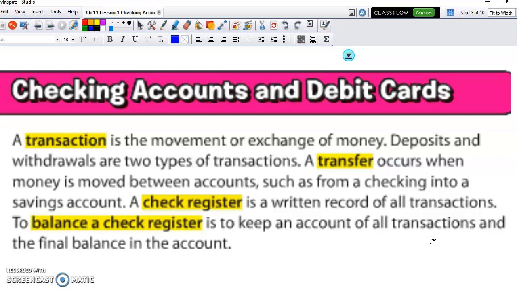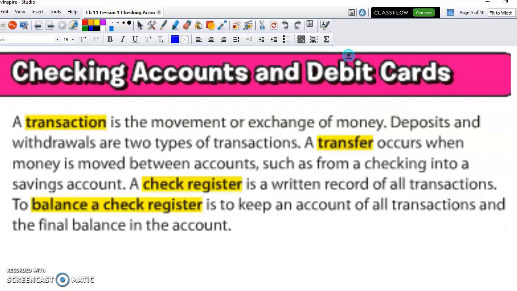Now, a check register shouldn't be new to you, because you should have been using check registers in 5th grade before, but it's a written record of all the transactions. When you say, hey, I need to balance my check register, what that means is I need to make sure that the record shows how much money I have in my account versus how much I have spent.